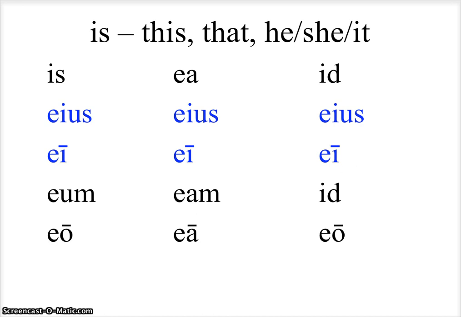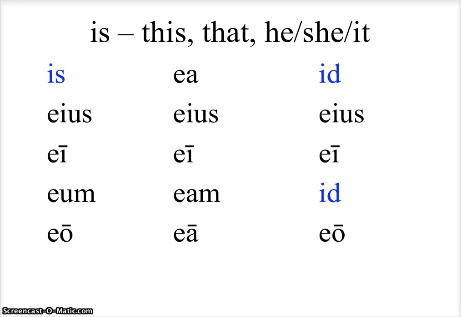Notice here again that we have unusual genitive and dative forms, very much like the genitives and the datives of ille. Eius, eius, eius, of him, of her, of it, of this man, of that woman, of this thing, and ei, ei, ei, to him, to her, to it.